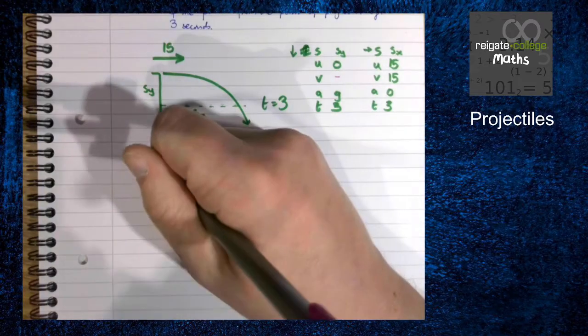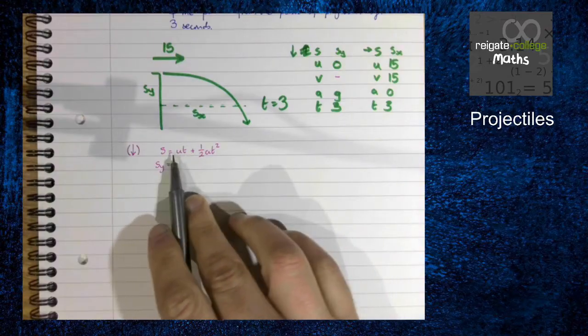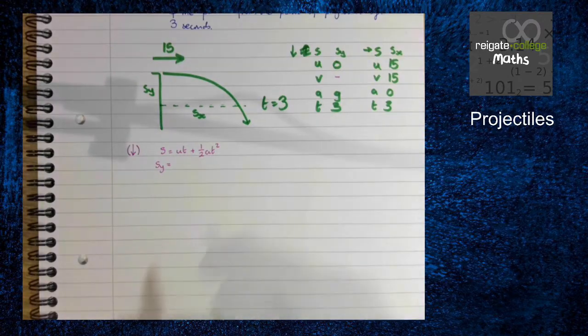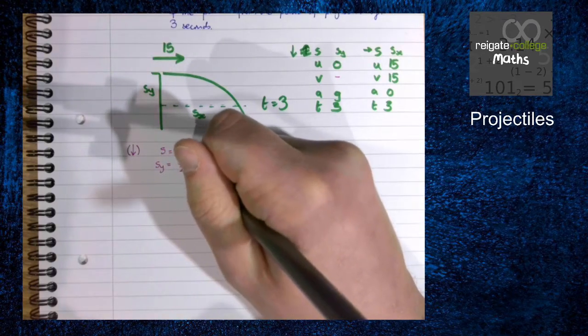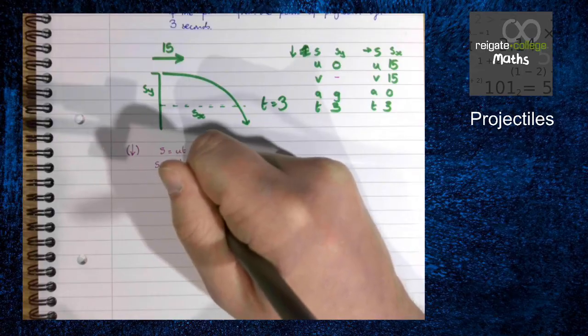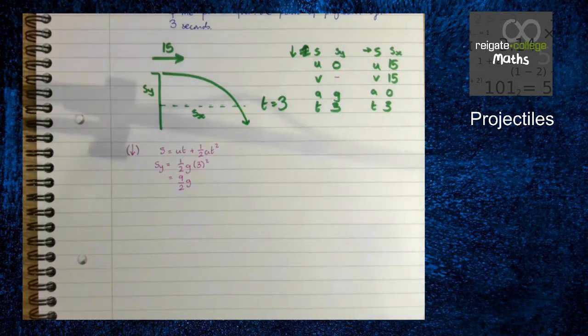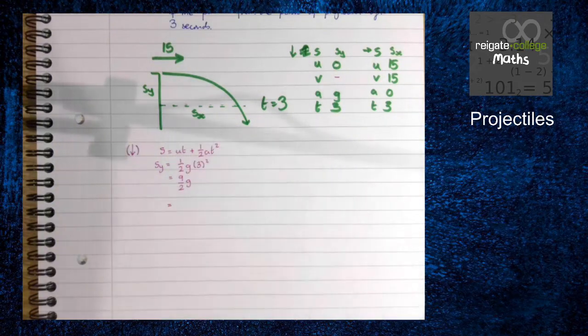So let's just put in all the bits we know. ut goes to 0 because u is 0. So we've just got a half times g times 3 squared, so we get 9 over 2 g, which we could obviously work out, but actually no, because we're trying to find the vertical component of displacement.